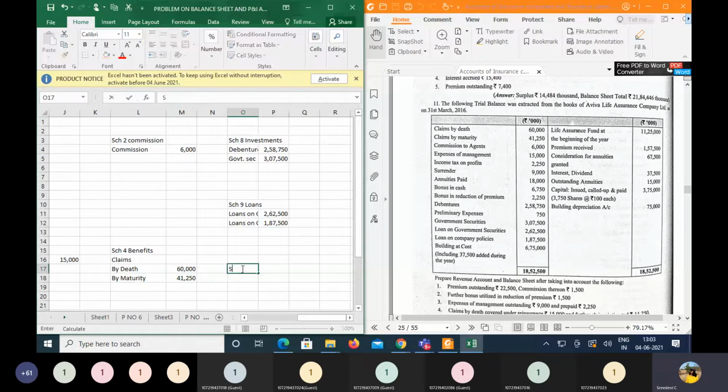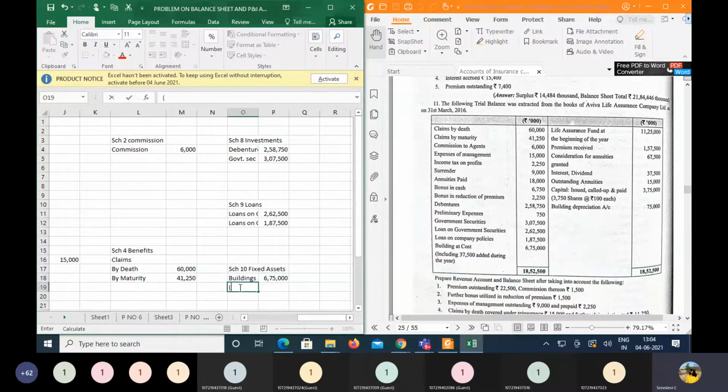So buildings, schedule number 10, that is fixed assets, and under that you can put it as buildings. And the amount of the buildings here is 6,75,000, and wherein you can see there is an inclusion towards the buildings, that is, additions towards the buildings have been made during the year to the extent of 37,500.